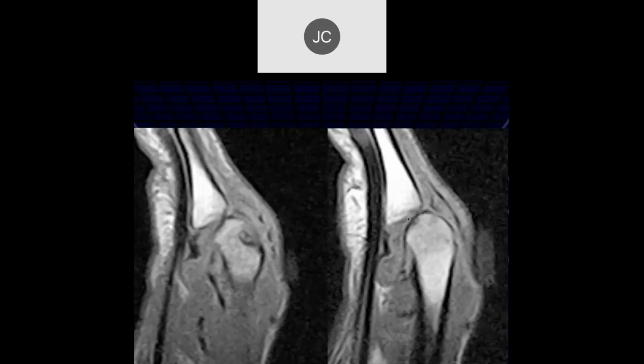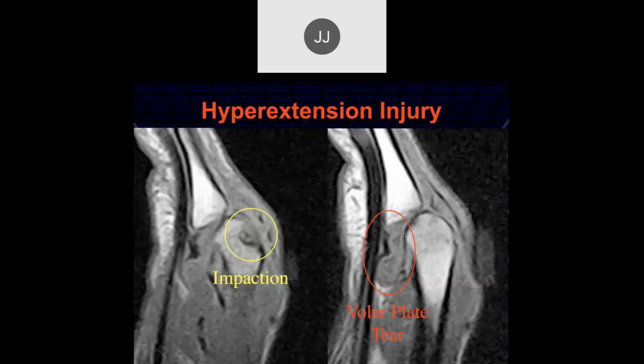And there may be a little bit of a bony impaction injury here, the dorsal aspect. And in this case, there's also a tear of the volar plate with subluxation. So this was dislocated at one point, and this was an injury from hyperextension, and this impaction was from this part of the proximal aspect of the proximal phalanx, and with hyperextension, you got a traction tear of the volar plate.